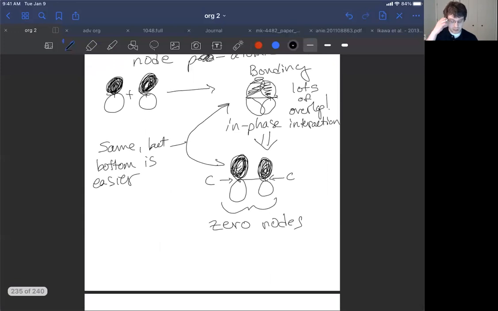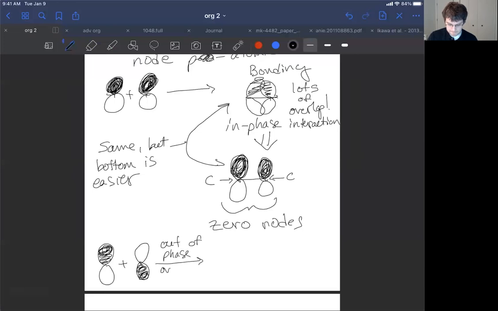Now, what does it look like when we do have a node? Well, in that case, we would actually have out of phase interaction, where if our left p orbital has shaded lobe up, and the right one has shaded lobe down, we're going to see out of phase overlap. And that's going to give us something that looks like this, where the orbitals are actually reaching away from each other because they don't have the opportunity to undergo in-phase overlap.